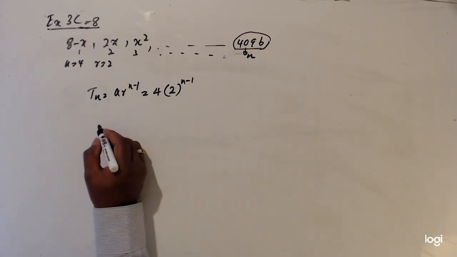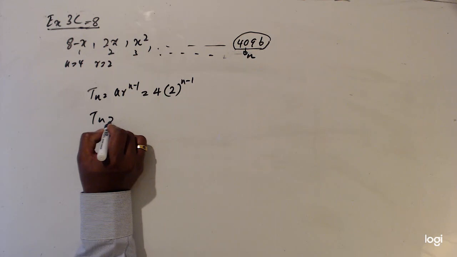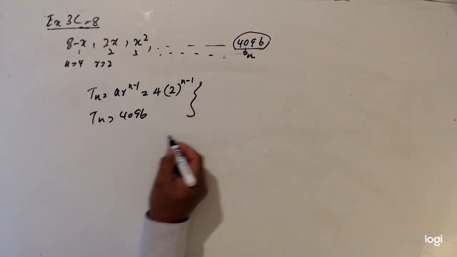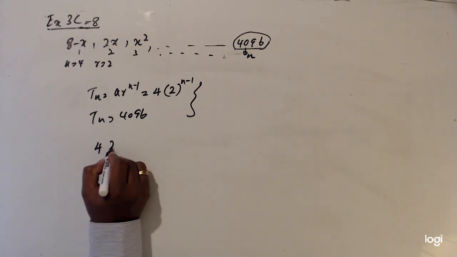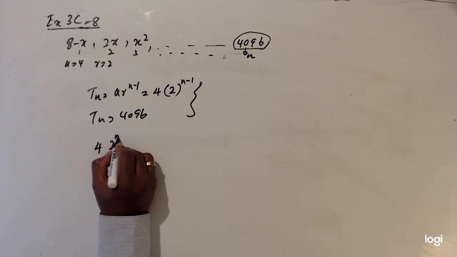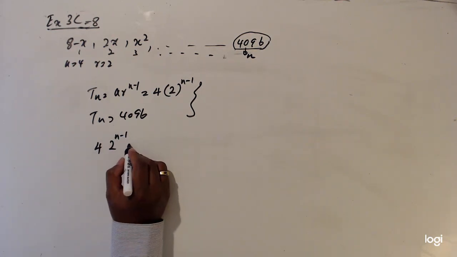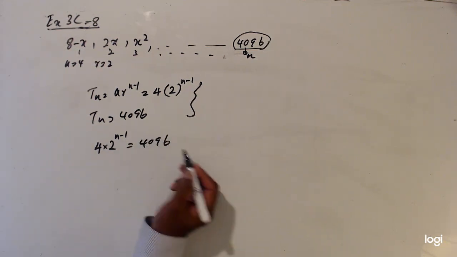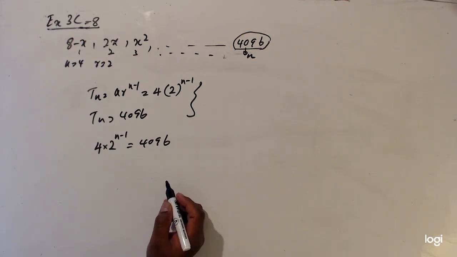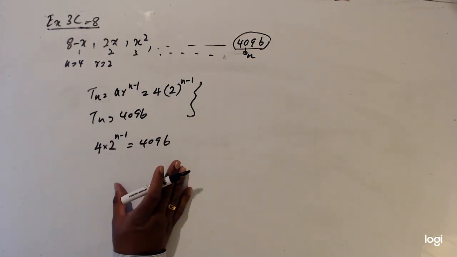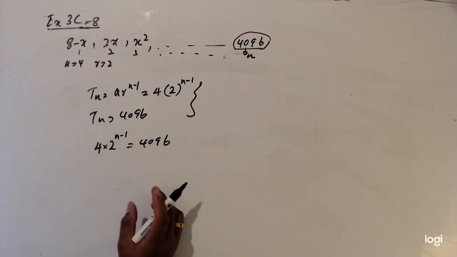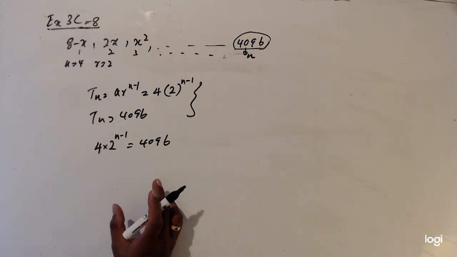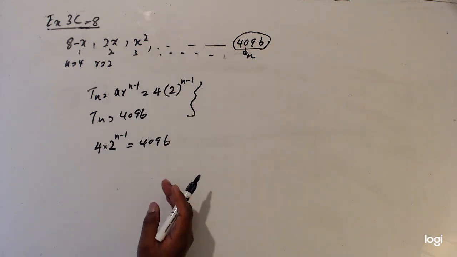And also we know that Tn equals 4096. So from here we can write 4 times 2 to the power n minus 1 equals 4096. We have to solve this, and if n is a whole number, then yes, it exists.